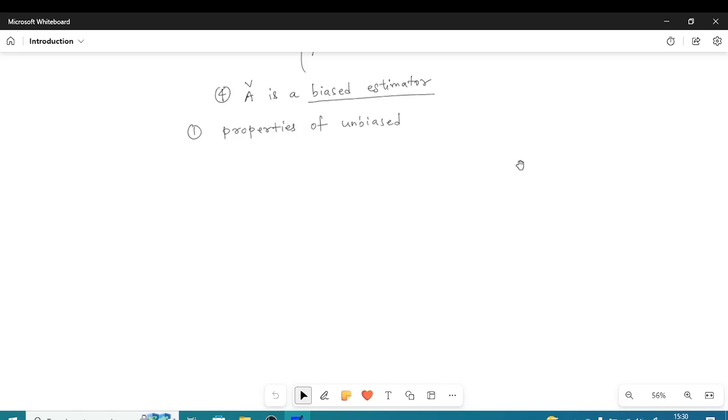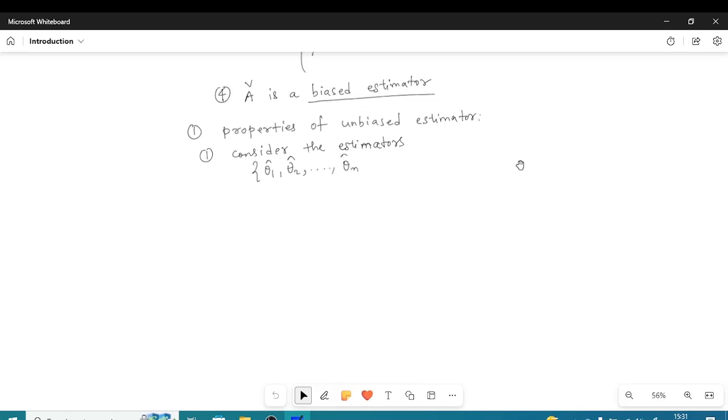First property, let's consider a large number of estimators, theta 1 hat, theta 2 hat, theta n hat. So these are the different estimators of the same parameter theta.